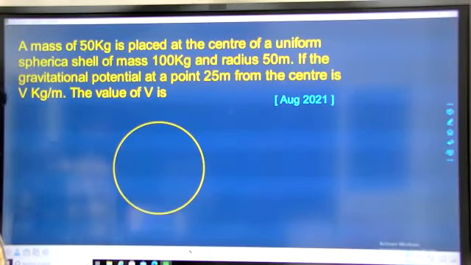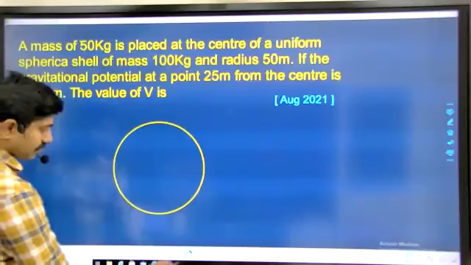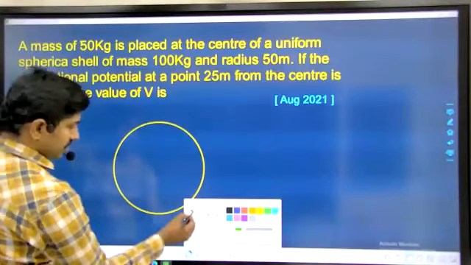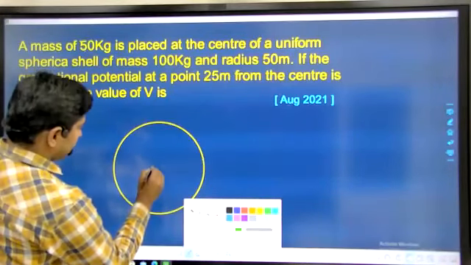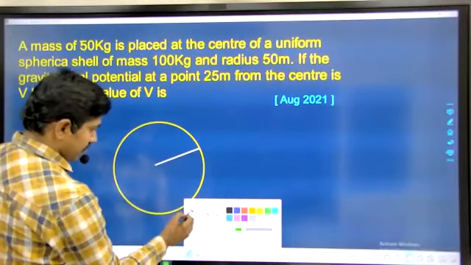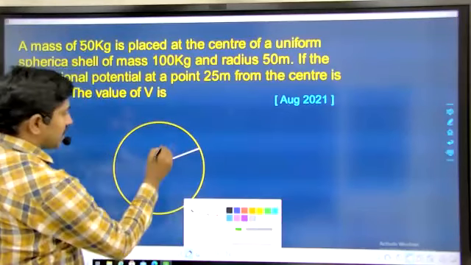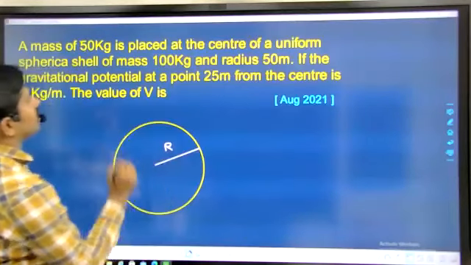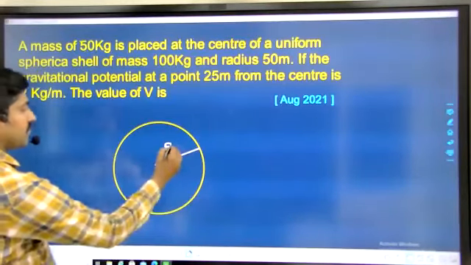A spherical shell is taken here, whose radius is given, r. Of course, it is given as 50 meters.